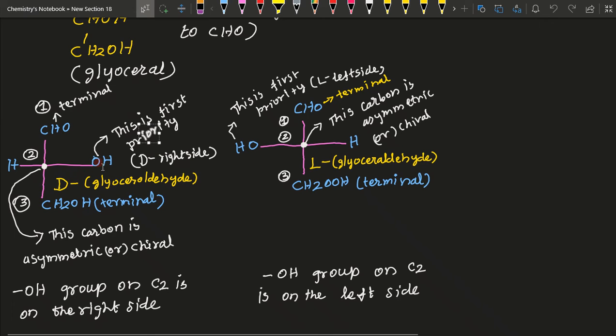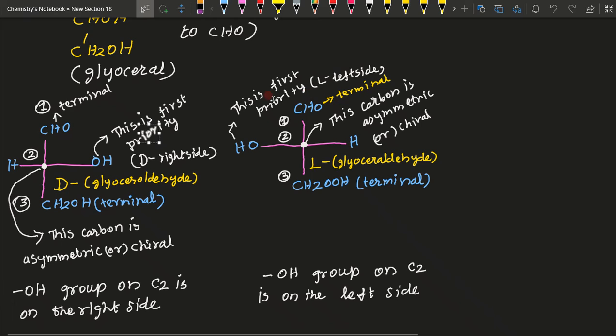On the right side, this OH alcohol group is on the right side: D-glyceraldehyde. When this alcohol group goes to the left side, it is L-glyceraldehyde. OH is always first priority because oxygen's atomic number is 8, then other elements like hydrogen and carbon.